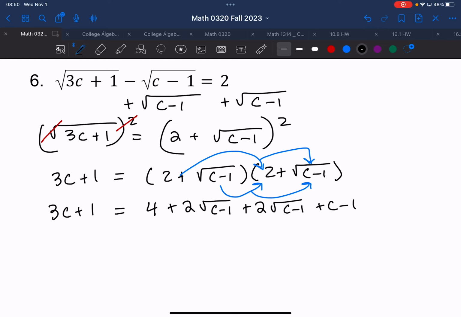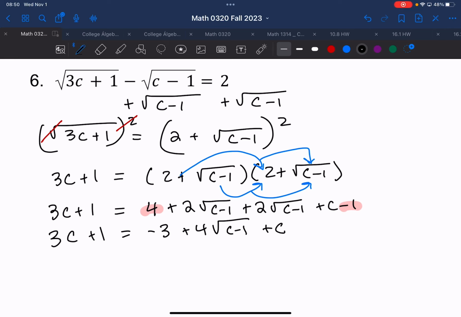Good. The 2 radicals. So we have 2 radical plus 2 radical, which is going to be 4. So 3c plus 1 is equal to, well, there's even more, because we could also combine the 4 and the negative 1. So we have negative 3 plus 4 square roots of c minus 1 plus c.